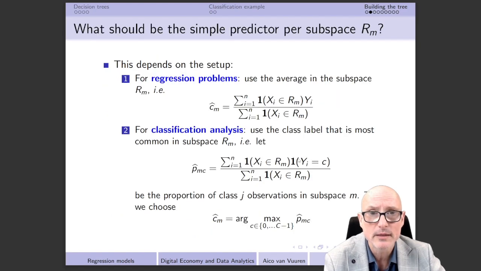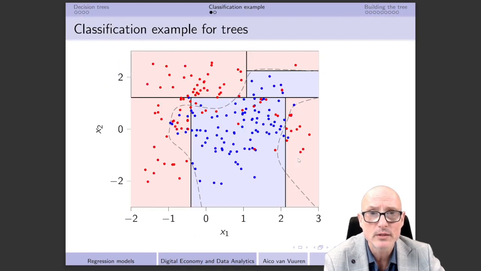In order to explain this a little bit better, the best thing to do is to go back to this slide. We can ask ourselves the question, we have here a particular subspace, and how can we divide that subspace into two new rectangular subspaces?